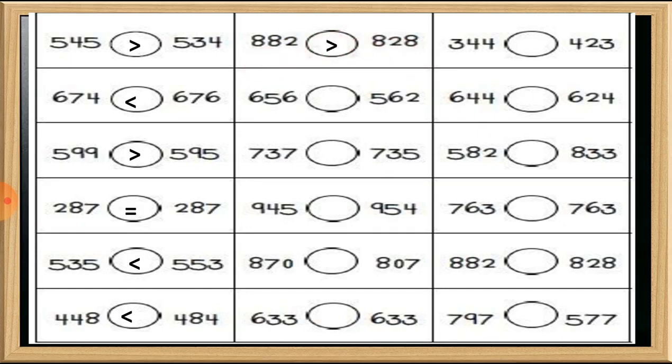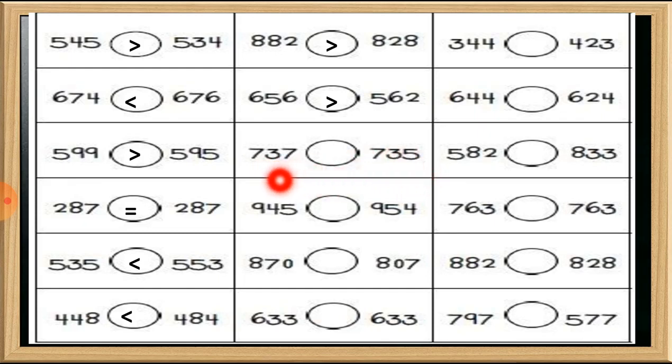So alligator will eat this number. Next one 656 and 562. So the alligator will eat 656 number. Here is the next one 737 and 735. So you can see at the hundreds place there are same number which is the 7 and just check the tens and ones value which is 37 here and here is the 35.